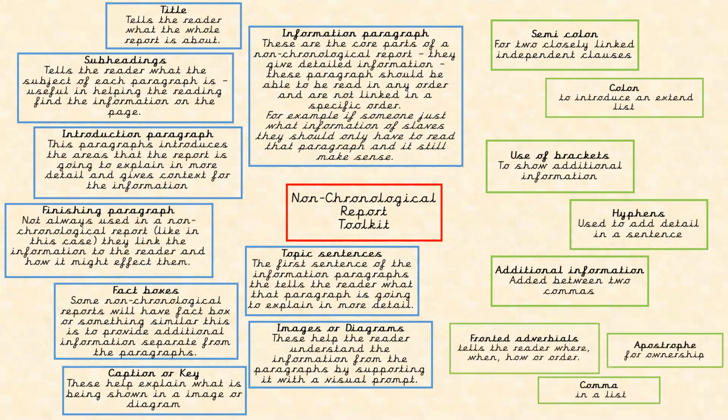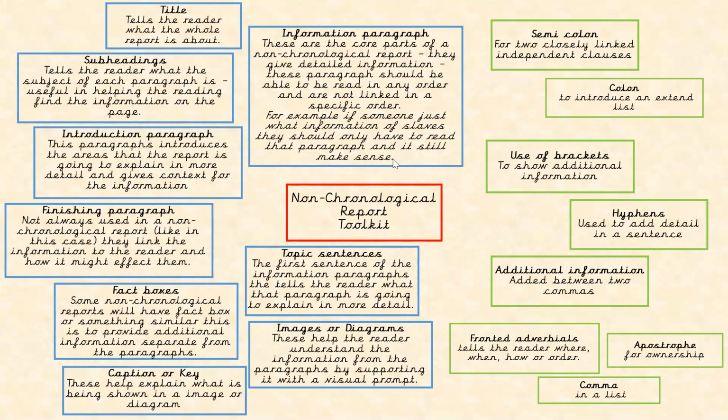And then we also have fronted adverbials, which give you more detail, telling a reader where, when, how, or the order in which something might happen. We have apostrophes for ownership, telling us who owned whatever it happens to be. And then we might use commas to split up a list so that we don't get each article mixed up.